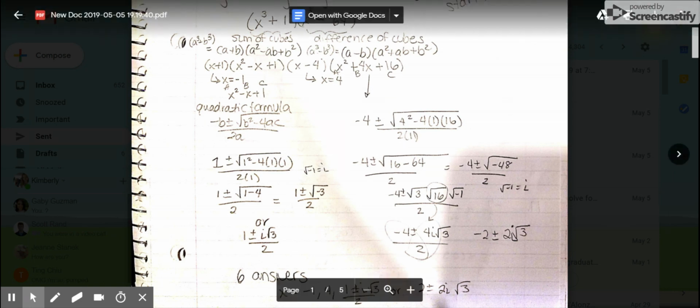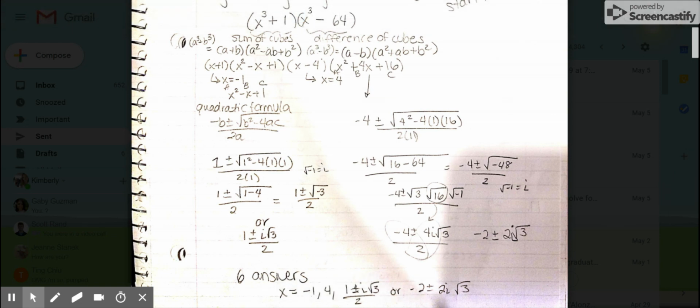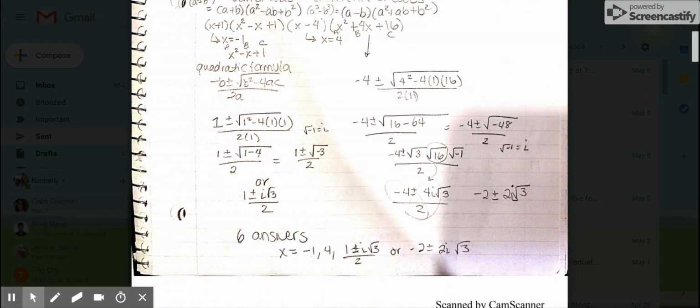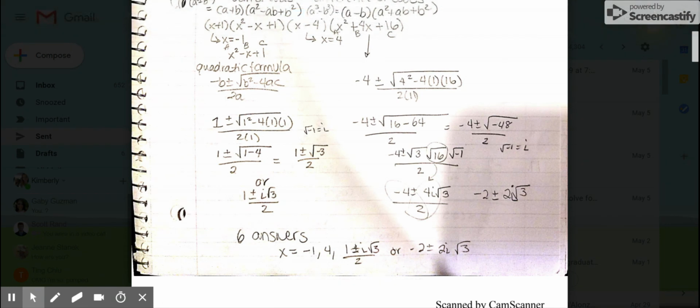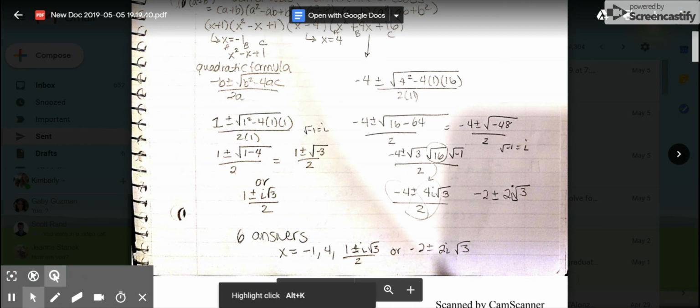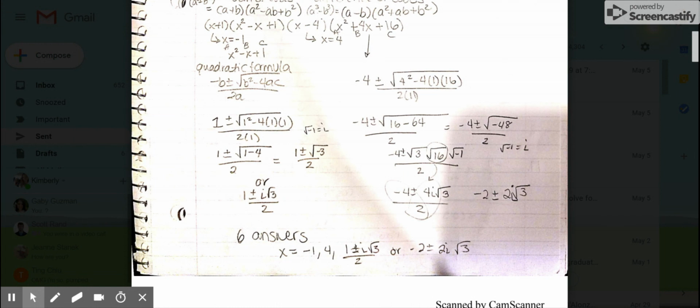Then here I needed to use the quadratic formula for this one as well. So then my A was 1, my B was 4, my C was 16. I plugged in the values here for A, B, and C. Over here, I simplified. I noticed this square root had a negative inside as well. So then I pulled that out by putting an i here.